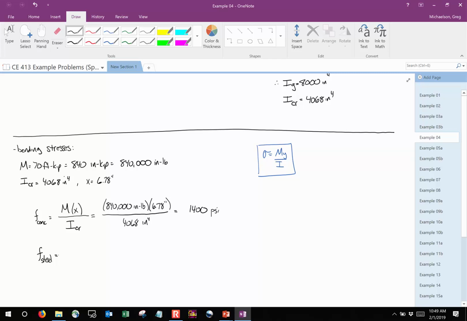Now, we still got to do the steel, okay? So what's our bending stress formula going to be? We have a bending moment, we have a cracked moment of inertia, and what's the distance? It's 17 minus x, right? Because we're talking about the stress in the steel.